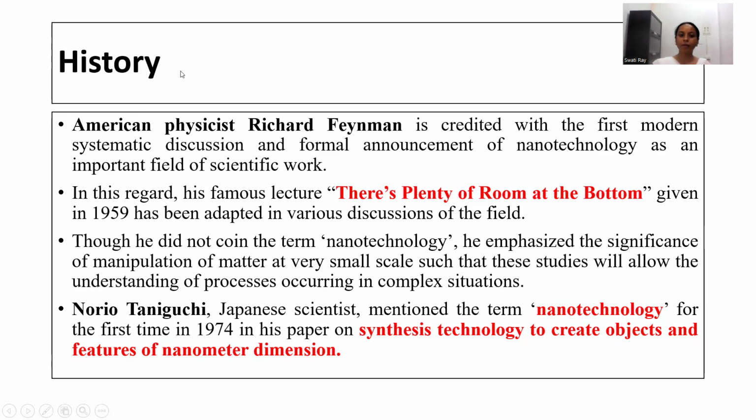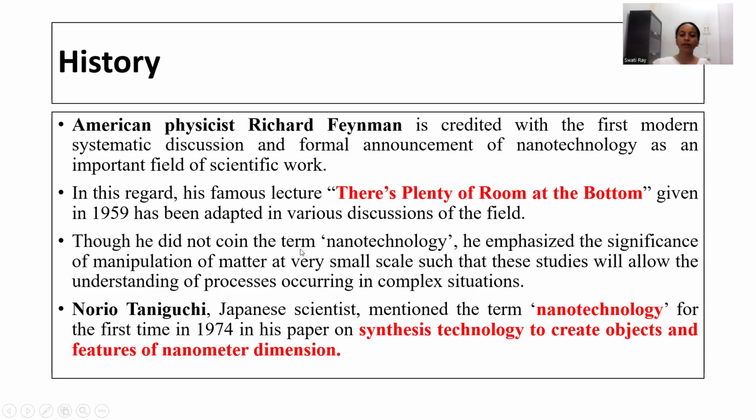Further, let's discuss the history. The idea of nanotechnology, the manipulation of matter at a very small scale, was first described by the American physicist Richard Feynman in his famous lecture, There Is Plenty of Room at the Bottom.